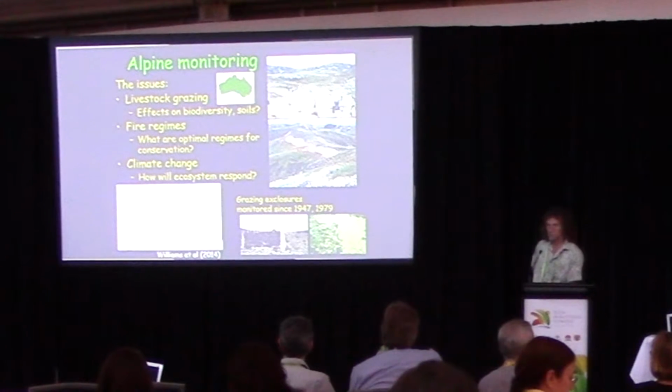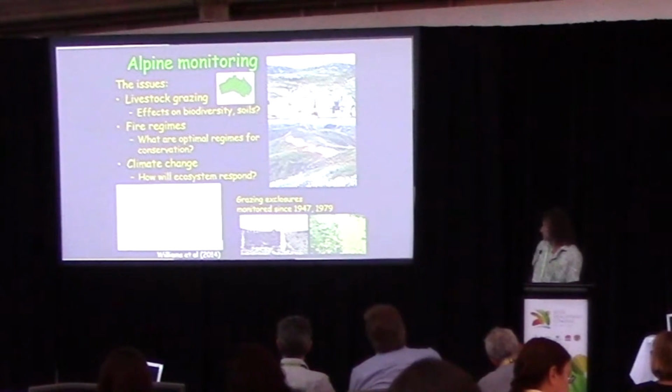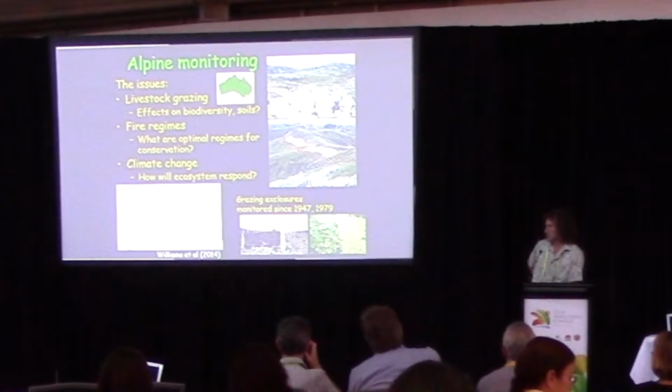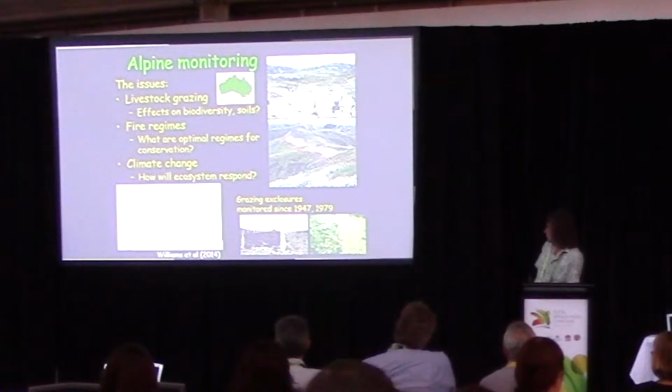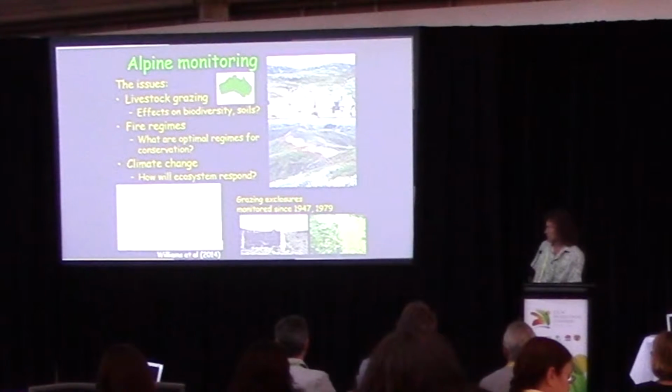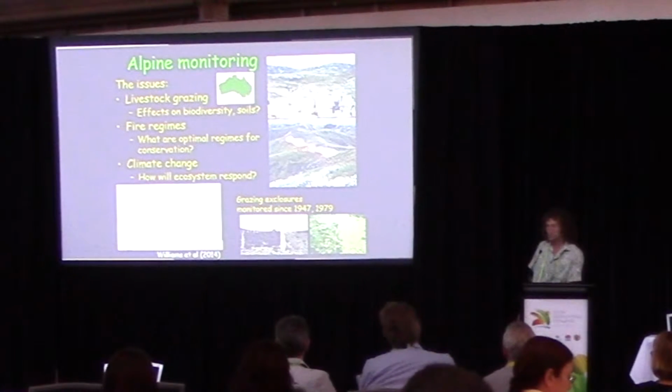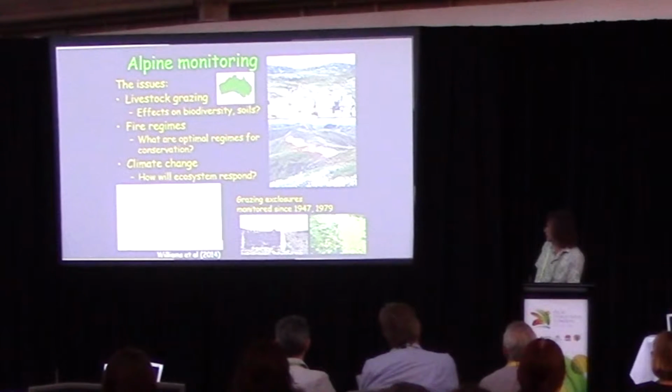The original question was, what's the effect of livestock grazing on biodiversity in these alpine landscapes? And it's been a long-running and relevant question in Australia for quite some time, to the extent that initially much of our alpine area was grazed by livestock, and then in New South Wales in the late 1950s and early 1960s, livestock were removed largely because of the effects that activity was having on water supply infrastructure that was newly constructed in the Snowy Mountains of New South Wales at the time.